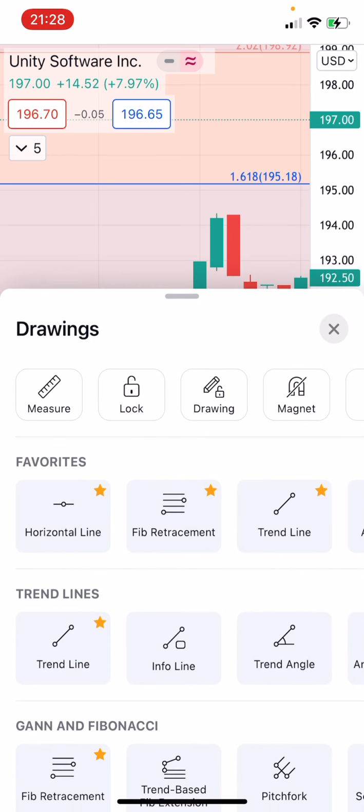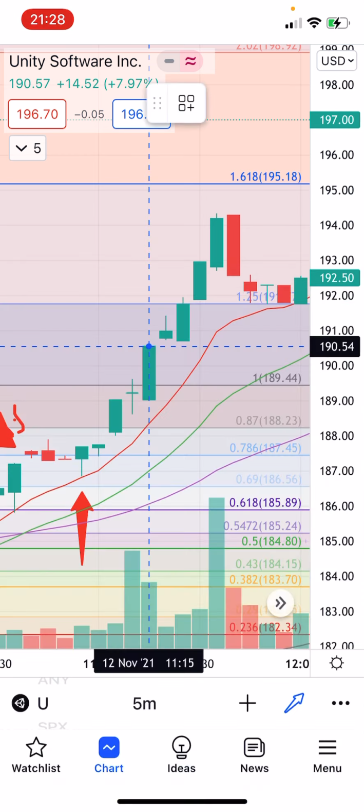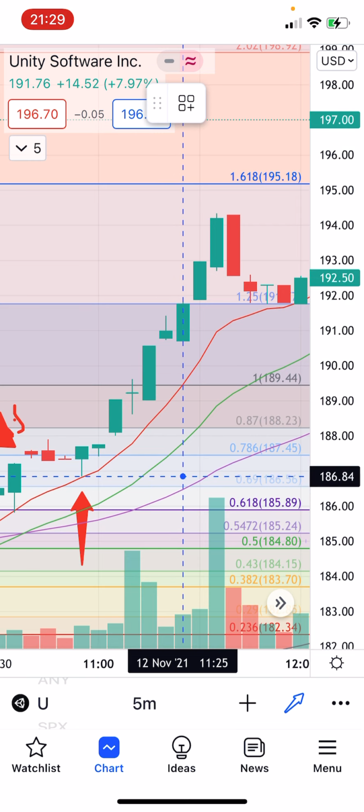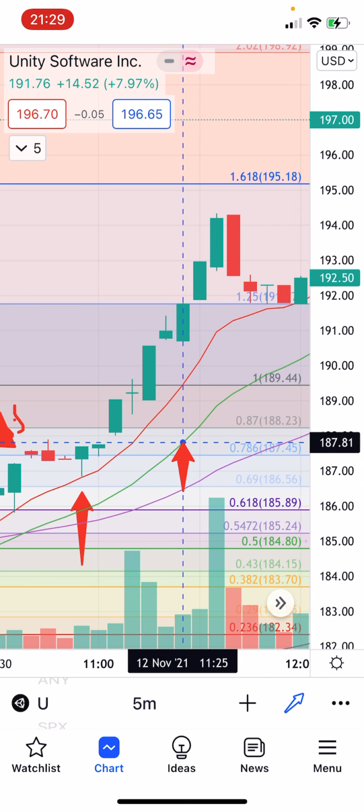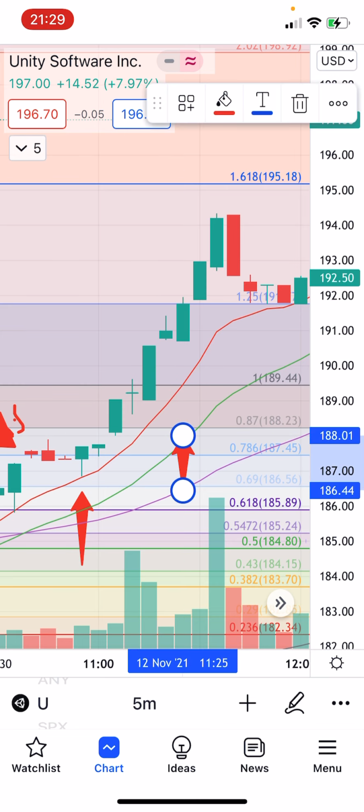So for example here, as it crossed at about 11:15, I was looking to move my stop up, moved it up to this 0.87 level here at 188.2 or so. And then that was pretty much my stop.